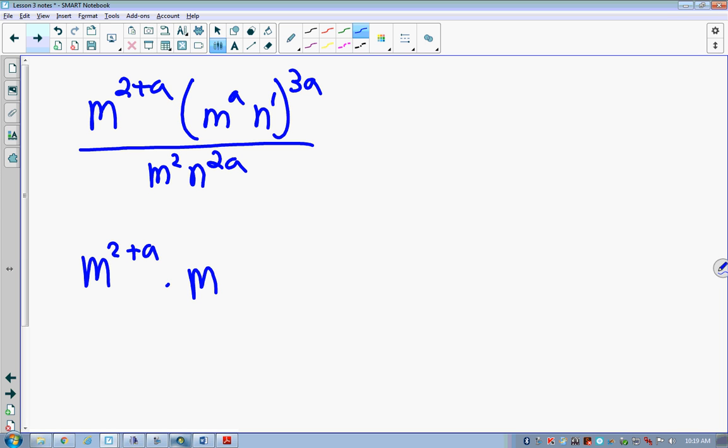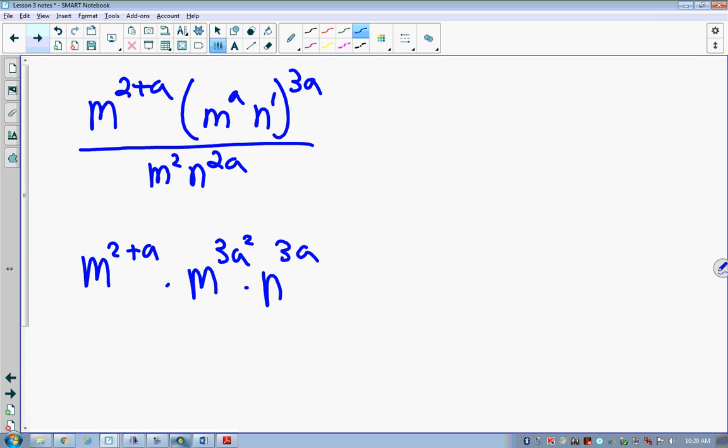Multiplying. What is a times 3a? 3a squared. So you've got kind of double exponents there. And then n becomes what? n to the 3a, because 1 times 3a is 3a. So I have all multiplication across here, right?